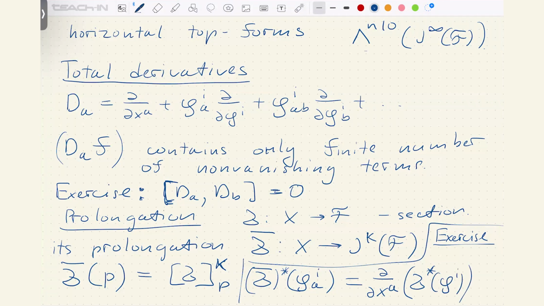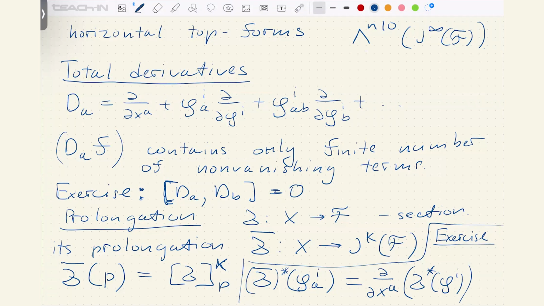So in this sense, these coordinates φ^i_A can be regarded as derivatives of φ, though they are just independent coordinates, but when we evaluate them on prolonged sections, we see that they really become derivatives.